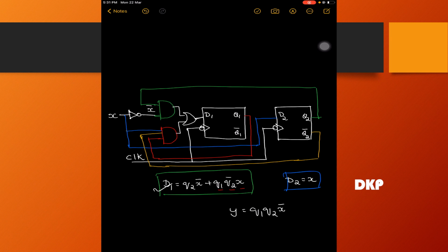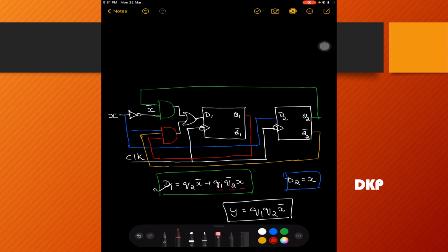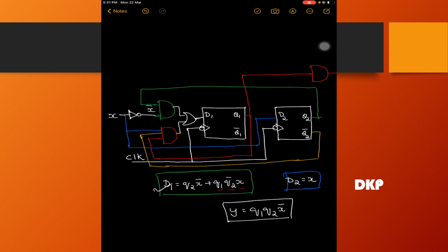We have one more expression, that is Y is equal to Q1 Q2 X bar. So where is Q1? We can extend this. This is Q1. You can draw an AND gate here, which is the next term, Q2.